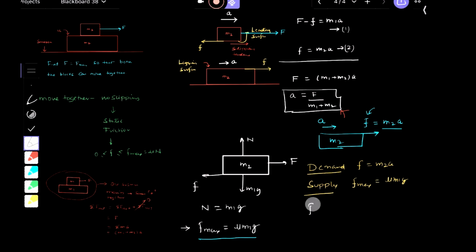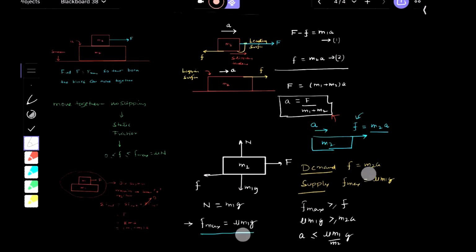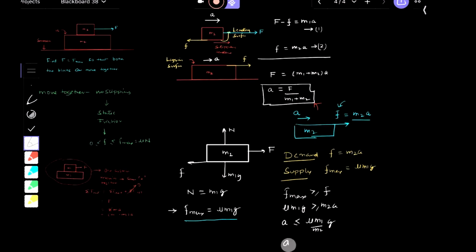So the maximum friction force must be more than our small f, and the maximum it can be is mu times M1G, which must be more than M2 times A. So A must be less than or equal to mu times M1 by M2 into G. So the acceleration is going to be less than or equal to this for both of them to be able to move together. So this is the maximum acceleration they can have while moving together.